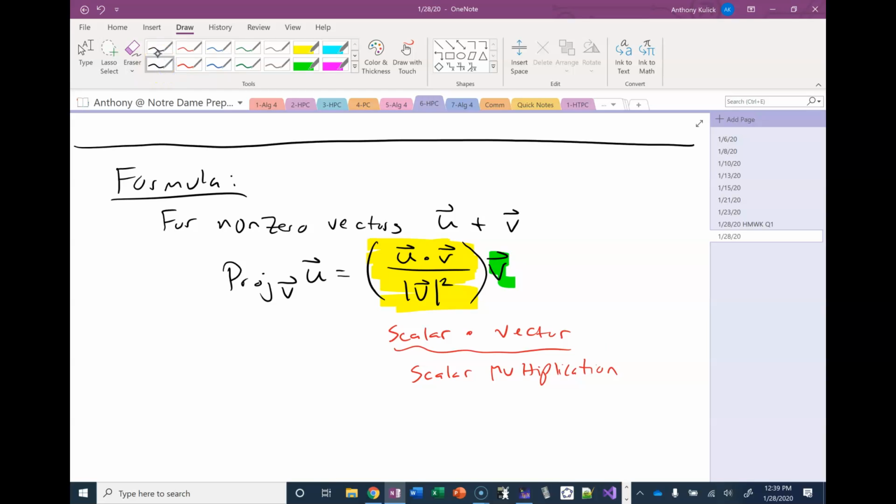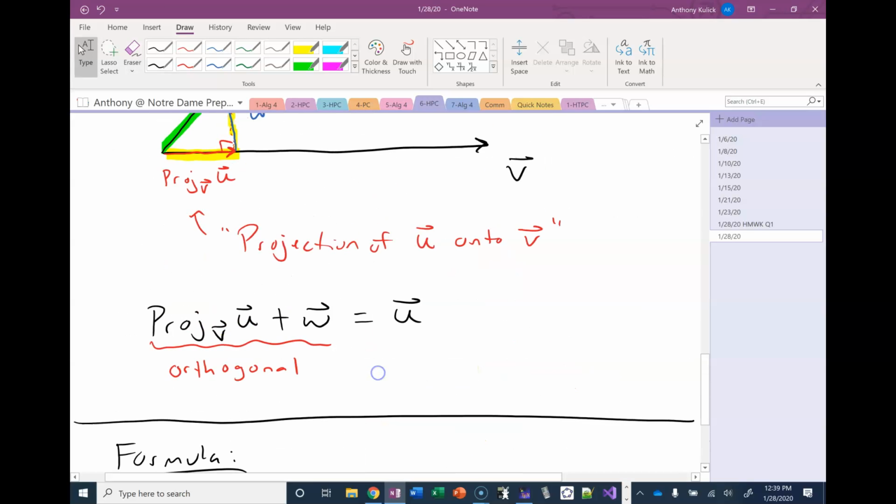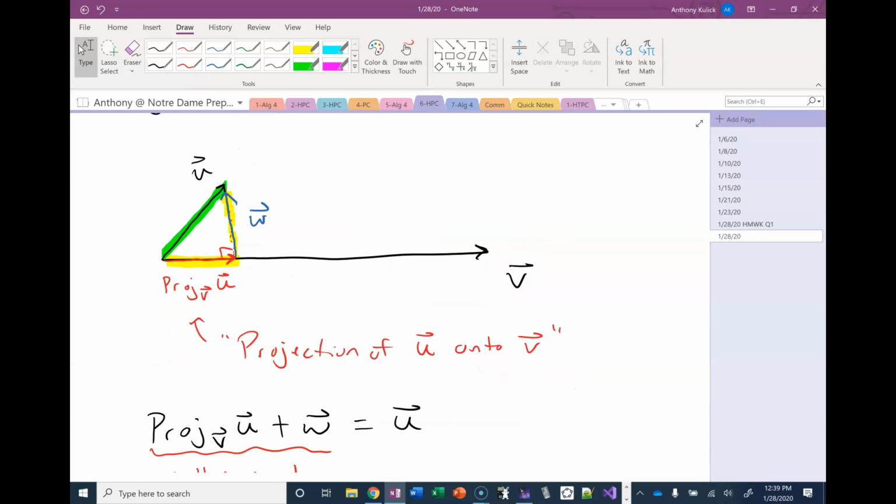If we go back to our picture here for a moment that we drew at the very beginning, look at what the projection of u onto v is. It is in the same direction as vector v, right? Is its length the same as vector v? Not necessarily, probably not. It could be, but it likely wouldn't be. It is, in fact, just a rescaling of vector v.